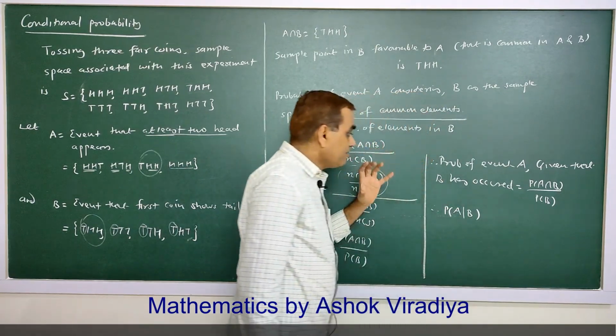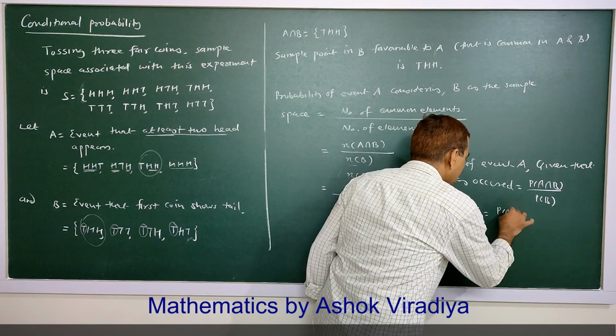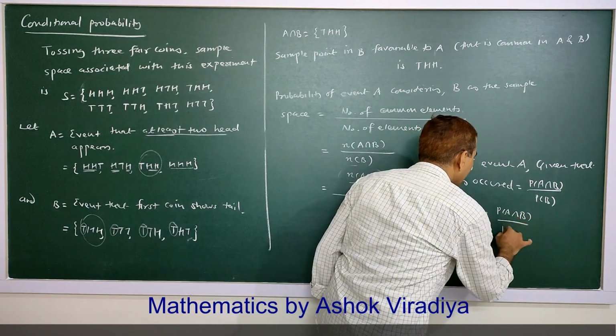So this is conditional probability. It is equal to P of A intersection B upon P of B.